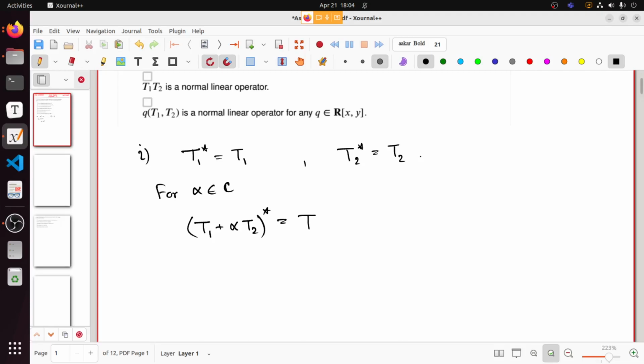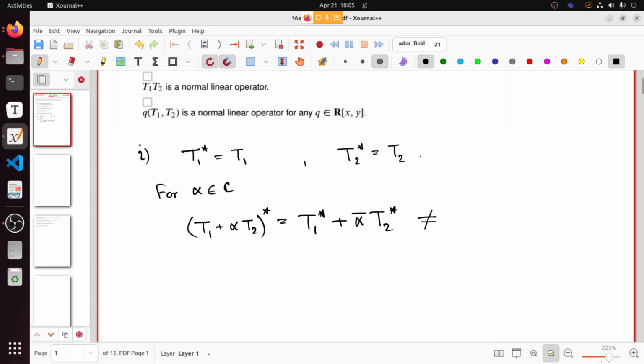By the properties of adjoint, it will be T1 star plus alpha bar T2 star, right? We want this to be T1 plus alpha T2 star. If alpha is a complex number, then alpha and alpha bar are not equal.